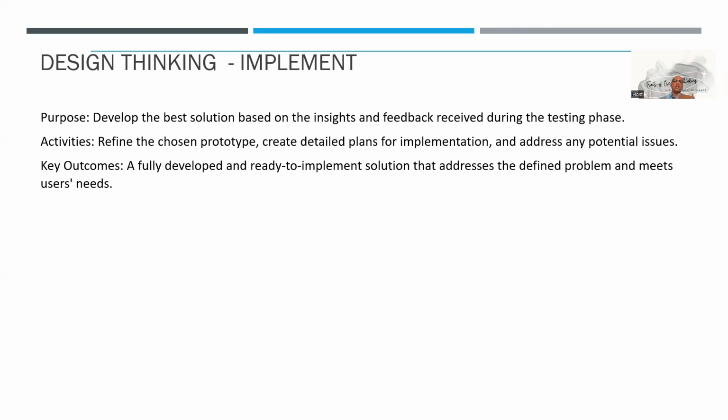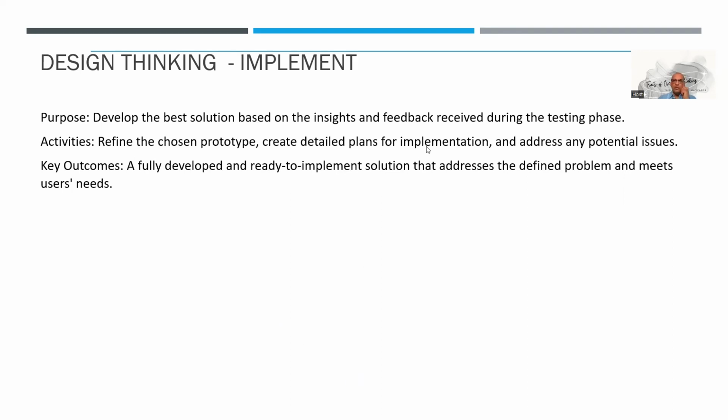In the activities, refine the chosen prototype and create detailed plans for implementation. The output is a fully developed, ready to implement solution that addresses the need of the user.